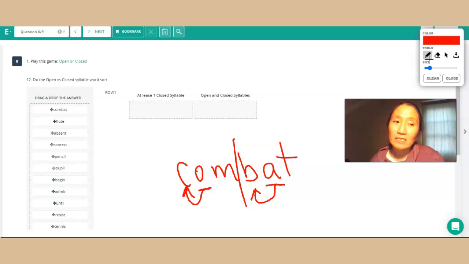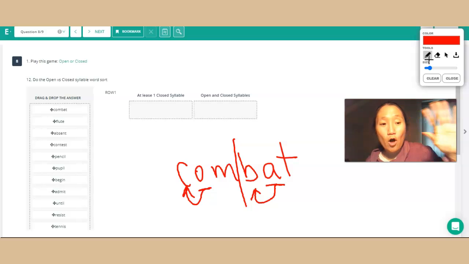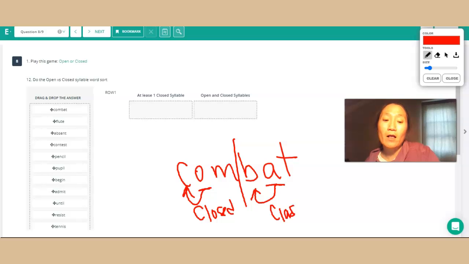Then I have to decide, is each syllable going to be long or short? I look at the O here, and I say C-O, that O is closed in, so this is a closed syllable. And the A is closed in by the T, so that's closed as well.